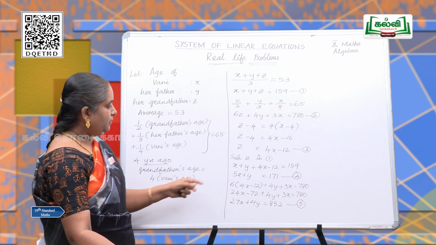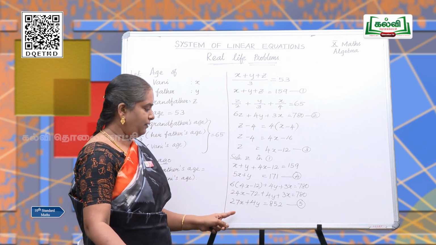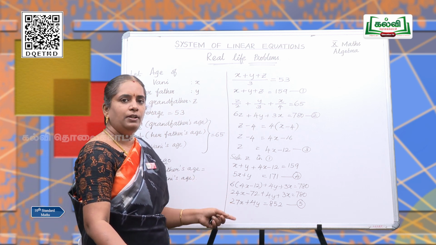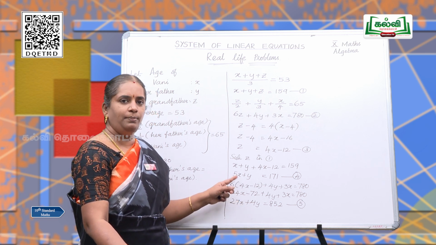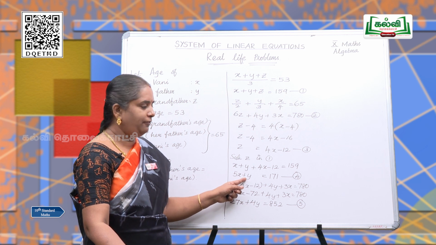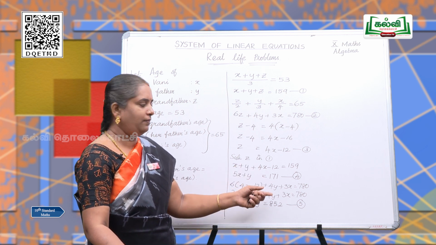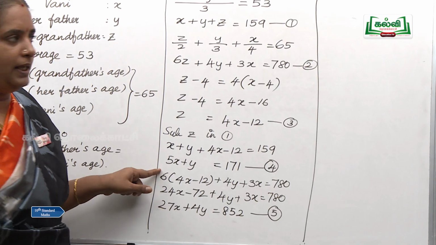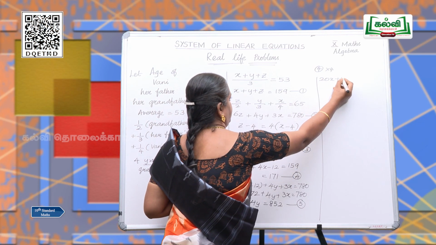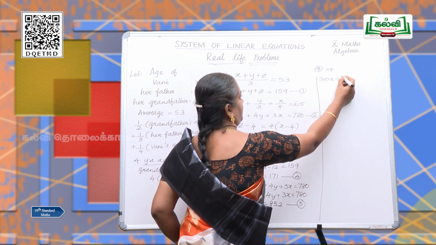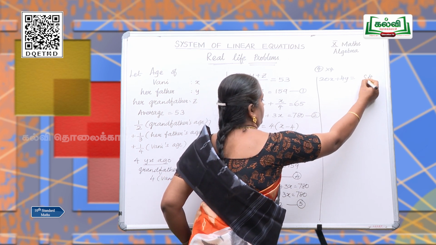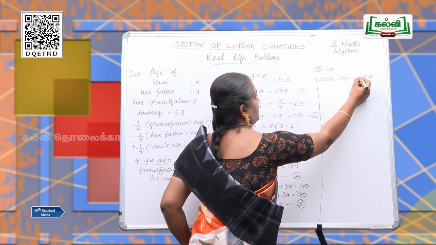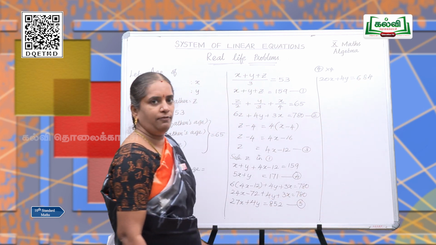See the fourth and fifth equations, we may have to eliminate y or x. Shall we eliminate y? That will be easier. So, multiplying the fourth equation by 4, we get 20x plus 4y is equal to 4 7s are 28, 4 1s are 4, plus 2, 684.